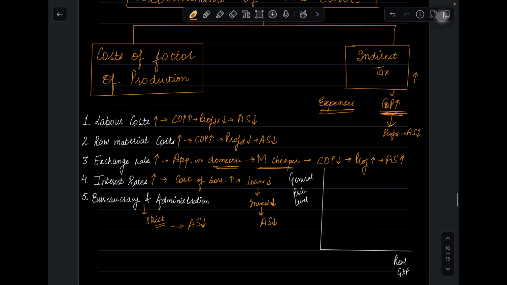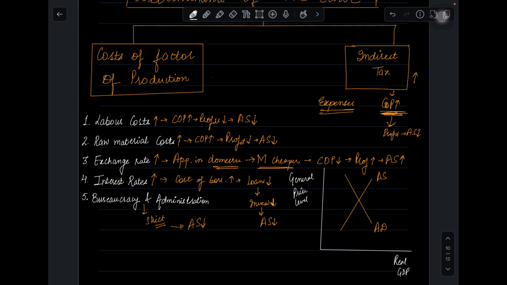SRAS curve. Now, what is the impact of determinants on the graph? Let's suppose this is aggregate demand curve. This is aggregate supply curve. Whenever there is a change in the determinant, let's say labor cost increased and hence aggregate supply decreased, the change in this determinant will shift aggregate supply curve either leftward or rightward.